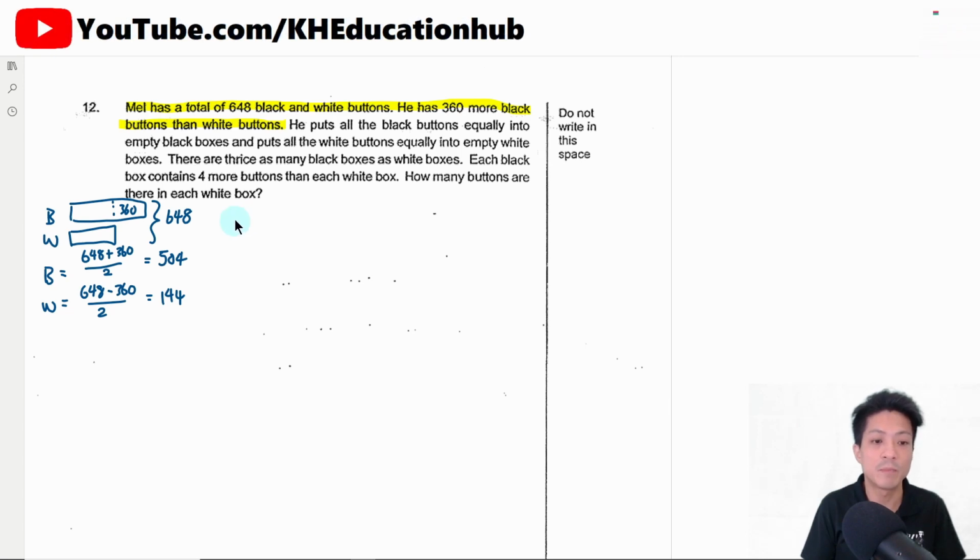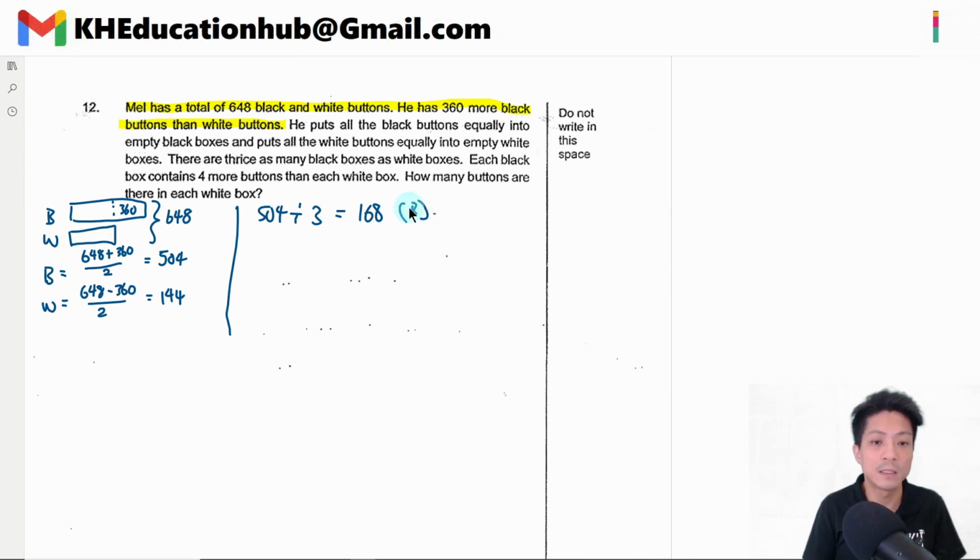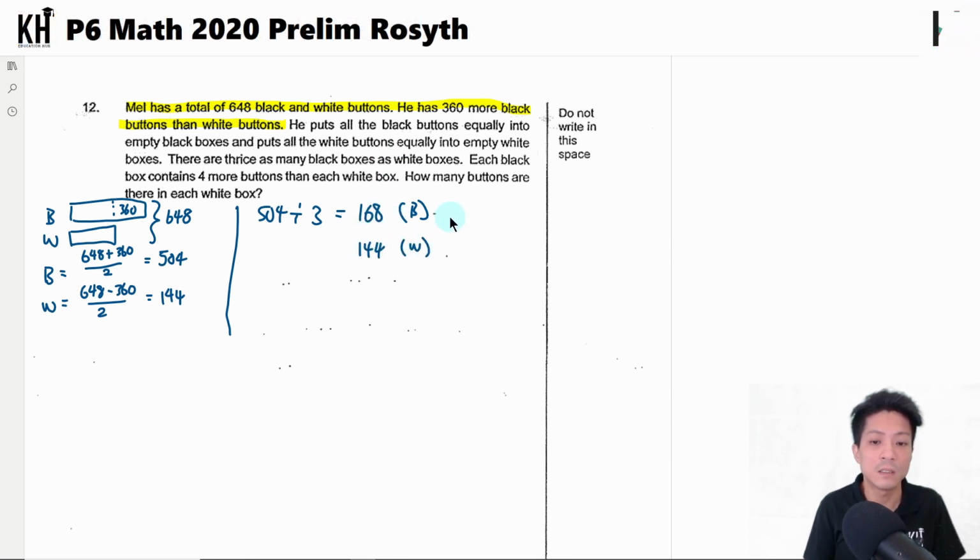For the 504, I need to divide it by 3. This is for the black buttons in the black boxes, compared to the 144 white, with equal boxes.